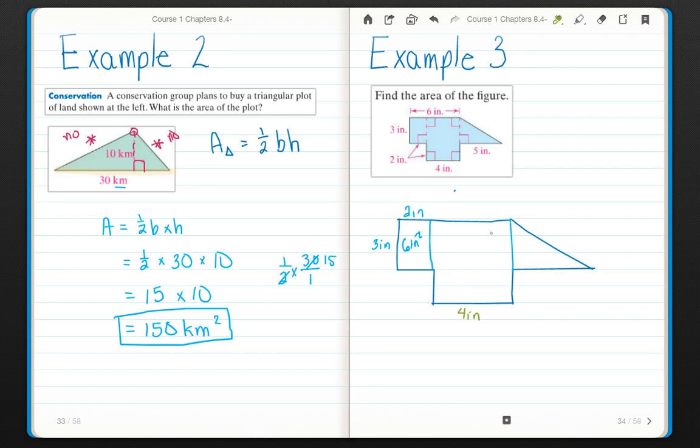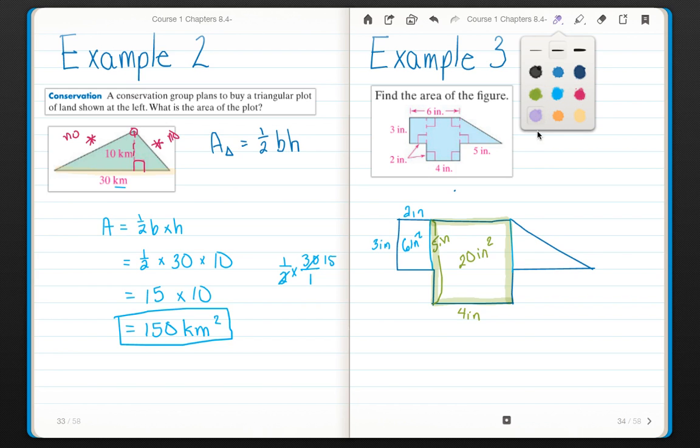So together, this whole length is 5 inches. So the area of this rectangle is 20 inches squared.